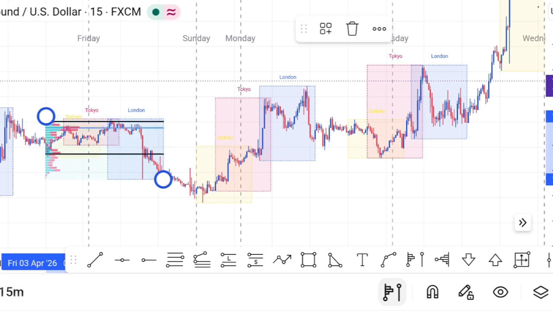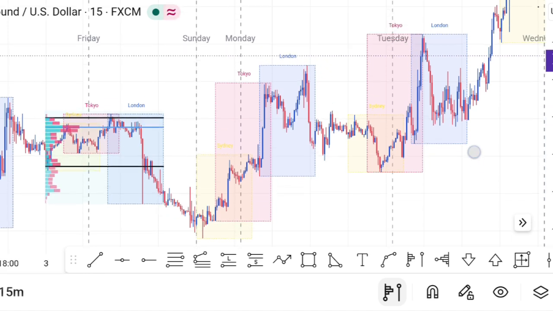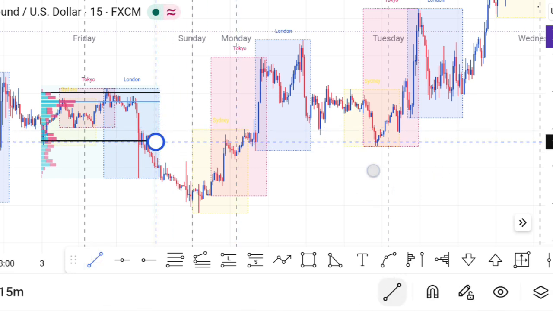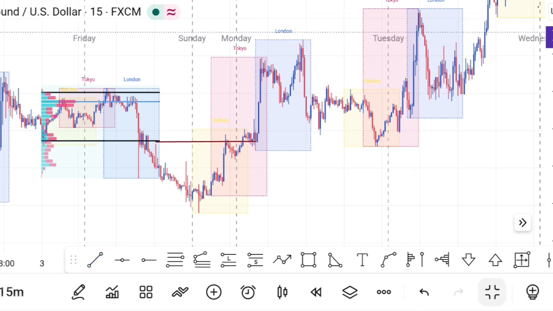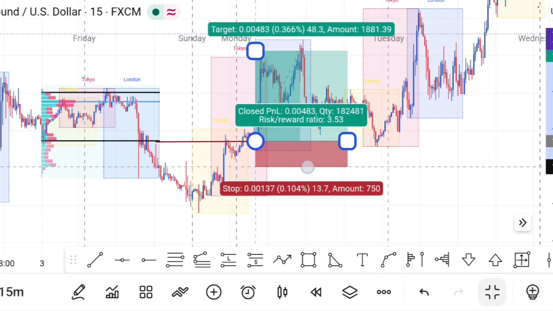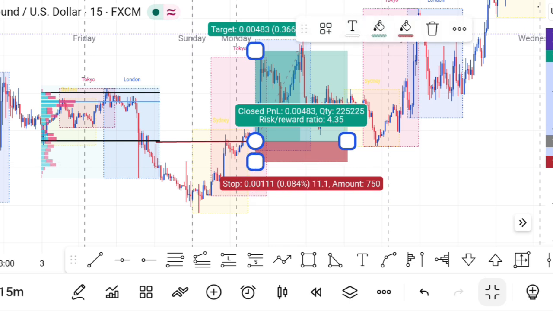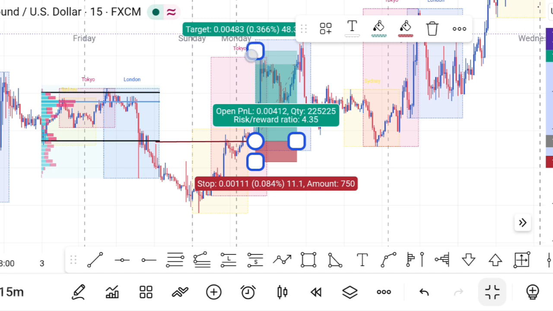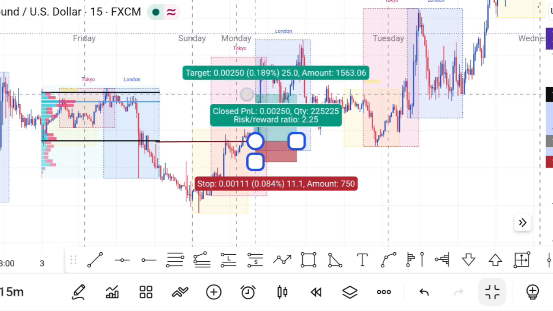Now we have the value area high and value area low that we are going to call the support and resistance, and the point of control. On the opening of the market it hit our support zone. It broke into it, then it retested. After it retested, that's when you go for a buy. Stop loss goes on the lower liquidity, on the previous high or low.